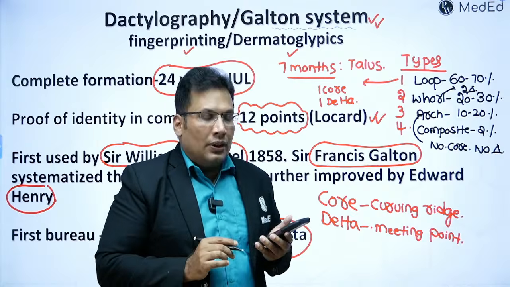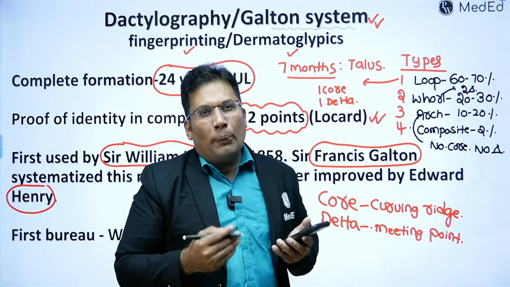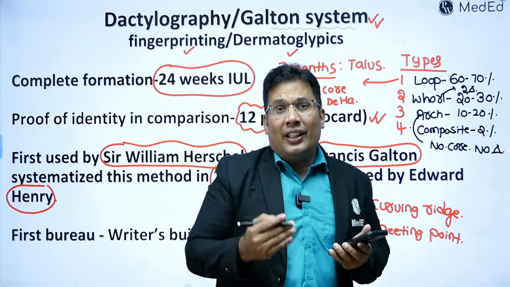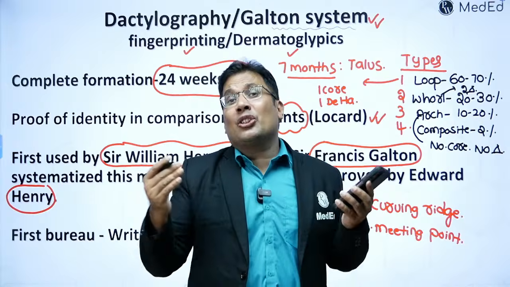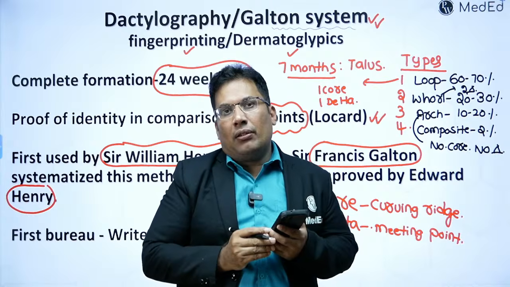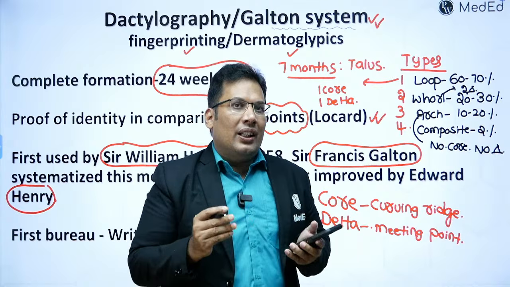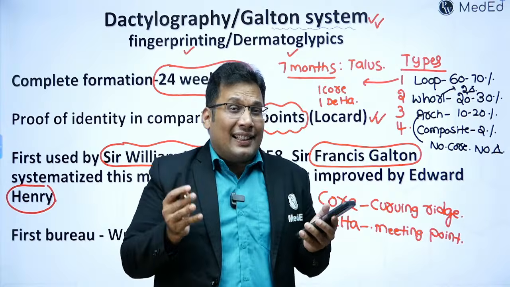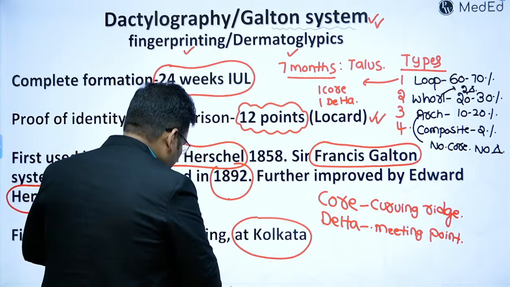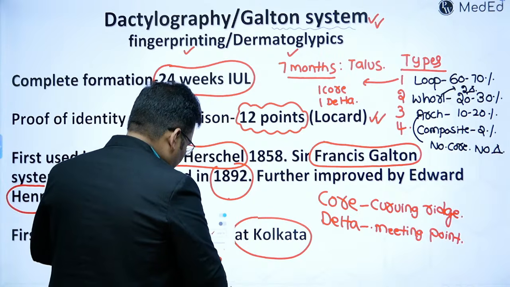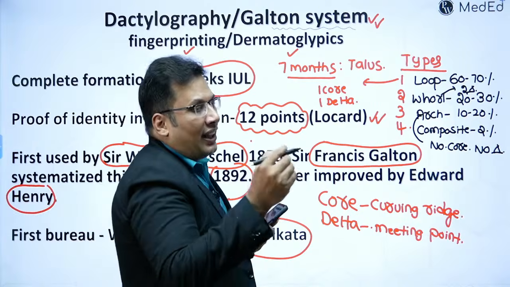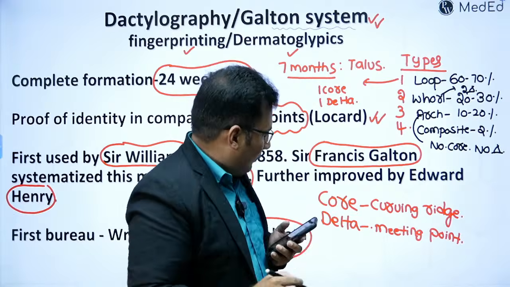Now, one more very important question asked in the exam. What are the conditions in which there is a permanent loss of fingerprint? Can anyone mention? So the permanent loss occurs in 3 conditions, commonly asked 3 marks question.